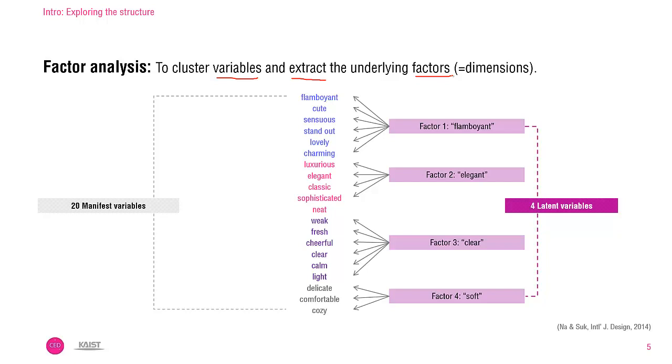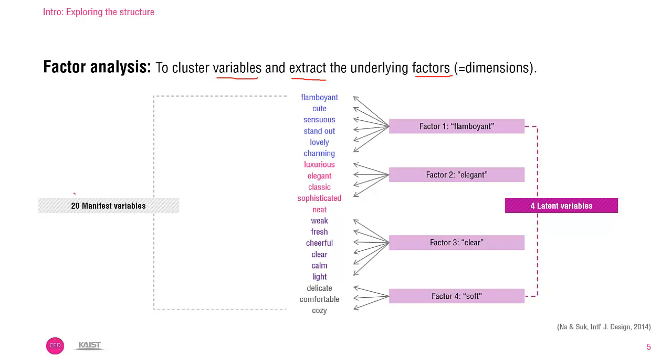And consequently, the factor implies an independent relationship between factors. Therefore, you should be very careful not to misuse factor in your research paper. And the factor is called 요인 in Korean.